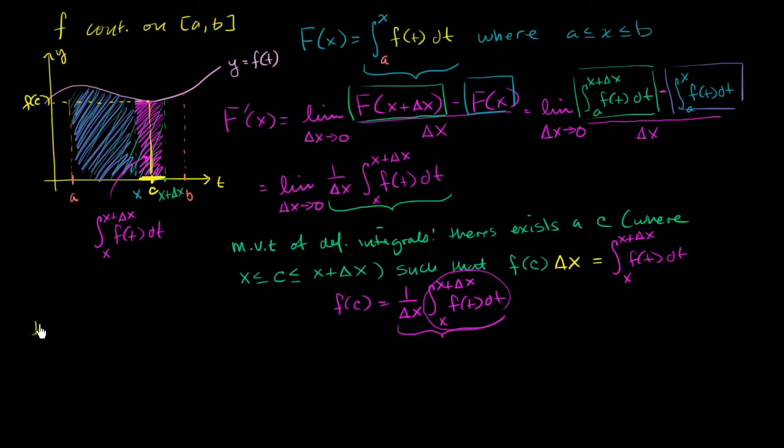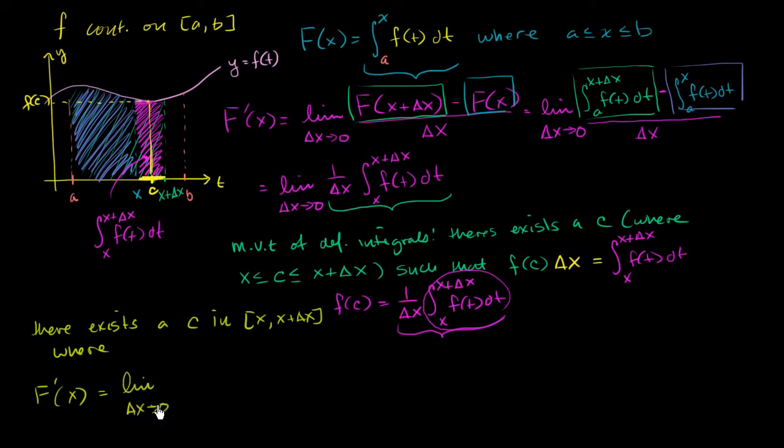So there exists a c in the interval x to x plus delta x where F prime of x, which we know is equal to this, we can now say is equal to the limit as delta x approaches 0. And instead of writing this, we know that there's some c that's equal to all of this business of f of c. Now we're in the home stretch.